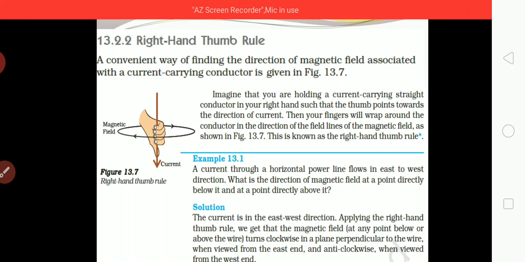If we observe it from the east end, the magnetic field will be clockwise, and anti-clockwise when viewed from the west end. So from east we will see clockwise, and from west we will see anti-clockwise, of the magnetic field.